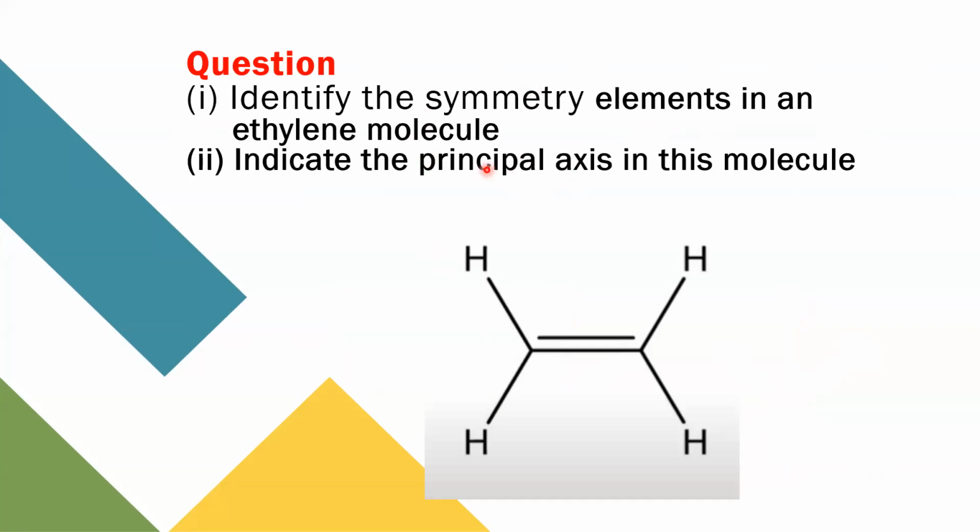Identify the symmetry elements in an ethylene molecule. Now I have given you the structure, and indicate the principal axis in this molecule. This is again another planar molecule. Where do you get the symmetry elements in the ethylene molecule?